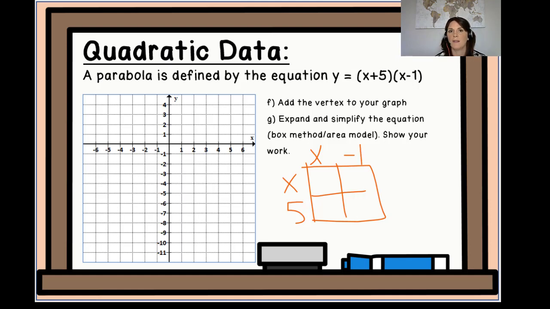Remember, we're going to multiply x times x and we get x squared. x times negative 1 is negative x. x times 5 is 5x. And 5 times negative 1 is negative 5.